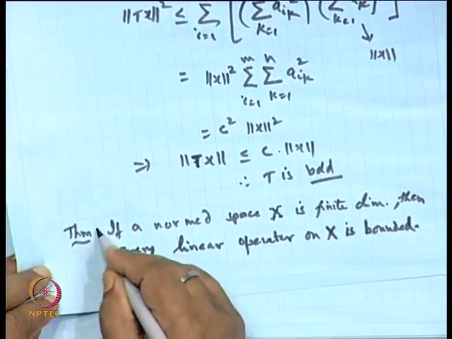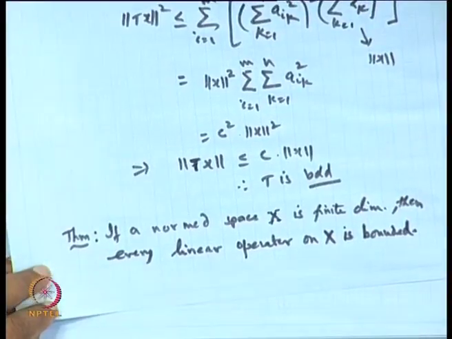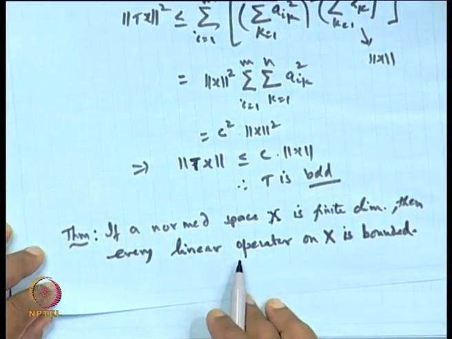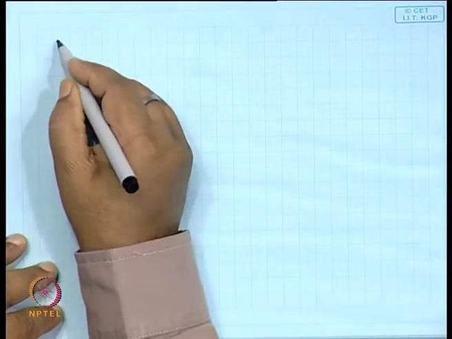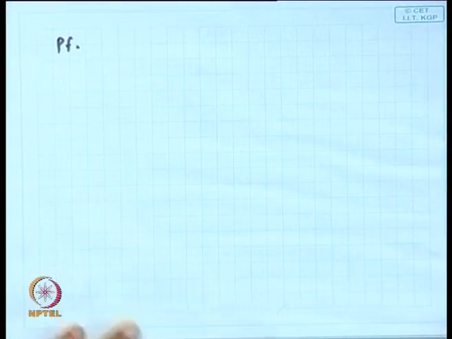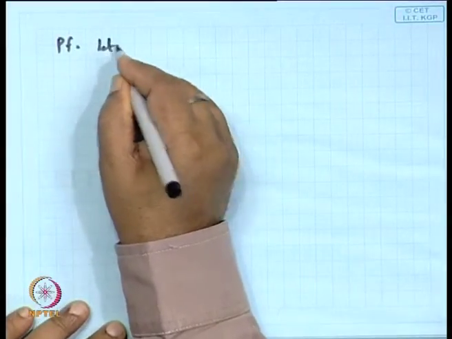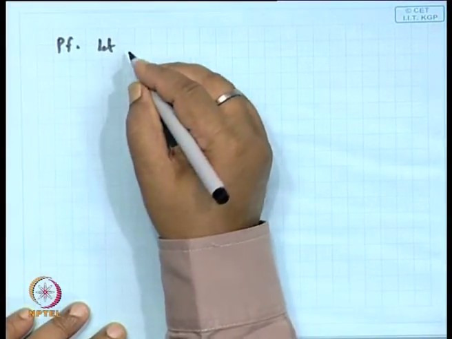In case of a finite dimensional normed space, any linear operator is a bounded operator. The proof of it. Suppose we take X to be finite dimensional.